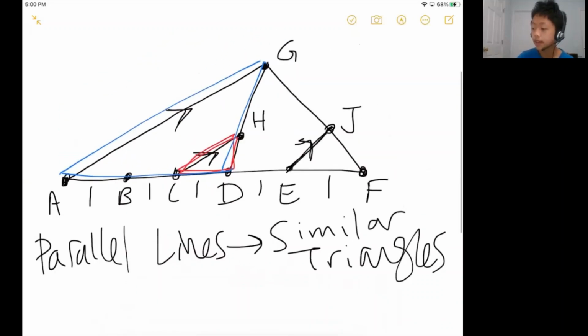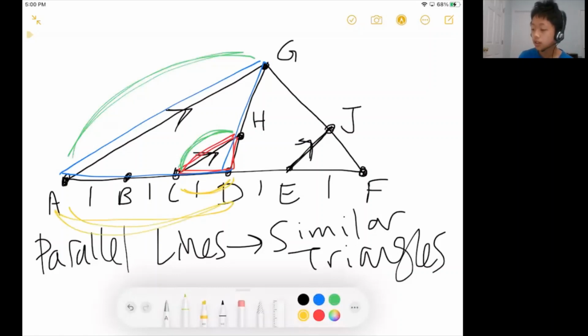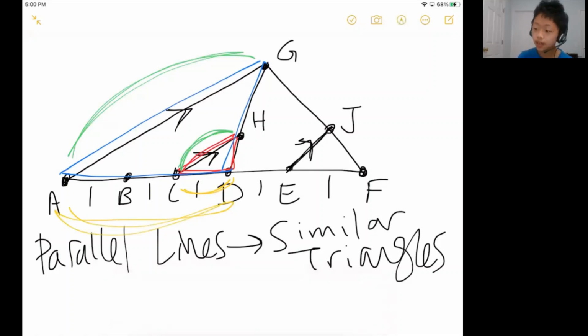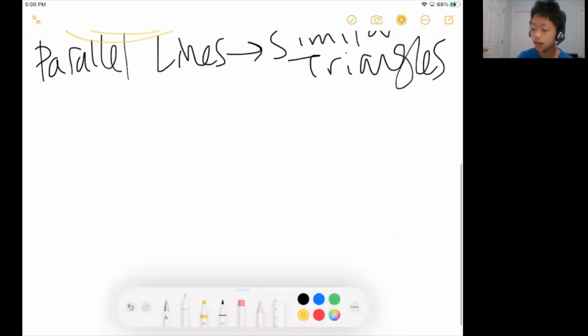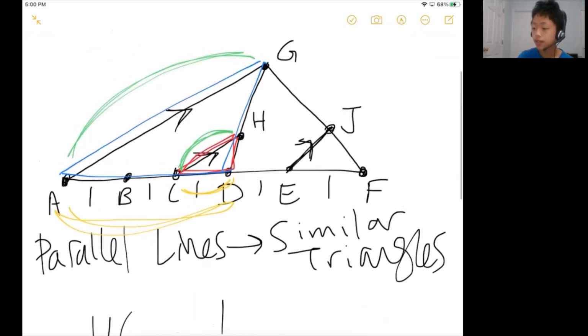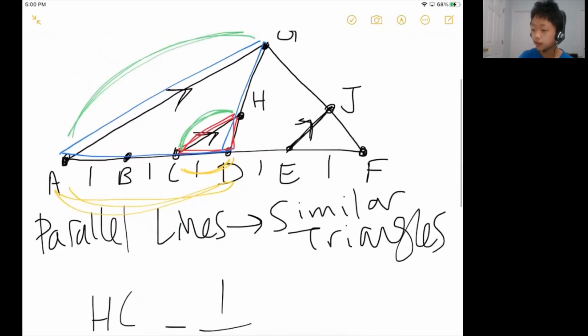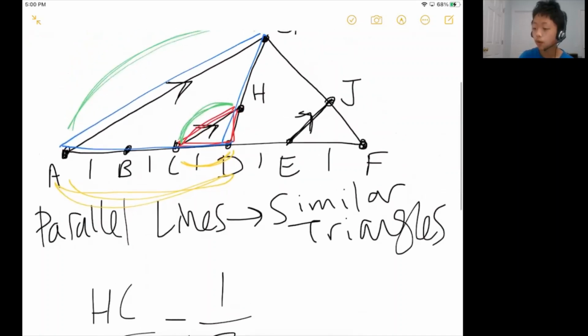For example, this green length divided by this green length has to equal this yellow length divided by this yellow length, by similar triangles. So by similar triangles, HC divided by AG has to equal 1/3, because we know HCD is similar to triangle GAD. So HC over AG has to equal 1/3.